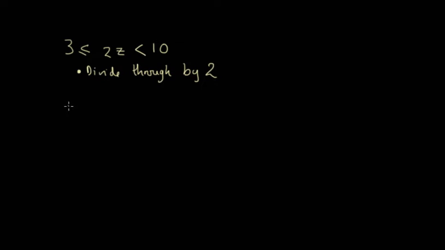So we're going to have 1.5 is less than or equal to z is less than 5. So if we only want to think about the whole numbers, z is going to be 2, 3 or 4, because 1.5 is not a whole number.